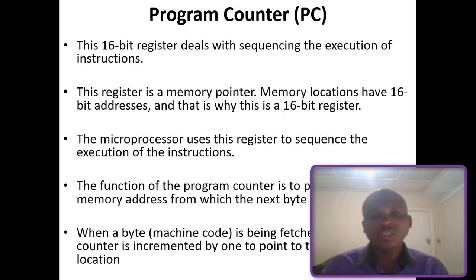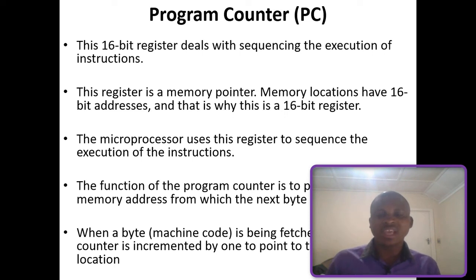The function of the program counter is to point to the memory address from which the next byte is to be fetched, the next memory location where you want to fetch the instruction.